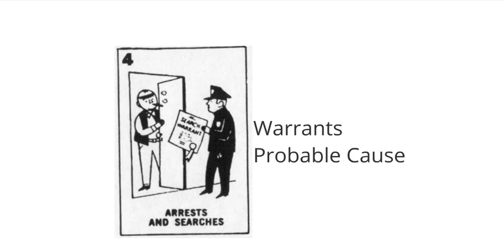And probable cause says that they have good reason to suspect that you are involved in a crime. And when they arrest you, they must come with a warrant. This is a piece of paper signed by a judge indicating that the police have enough information to arrest you on a specific charge. So therefore, they have to bring a warrant.